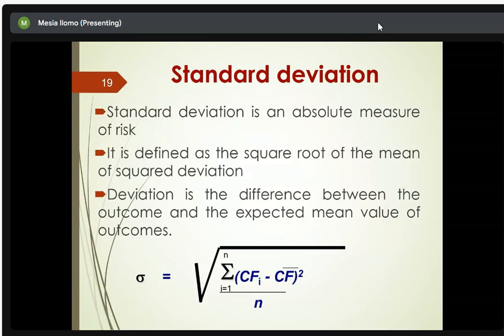It's not complex: standard deviation, by definition, is the square root of the mean of squared deviations. So we compute from the cash flows in reference to the mean, or how they deviate from the expected cash flows.